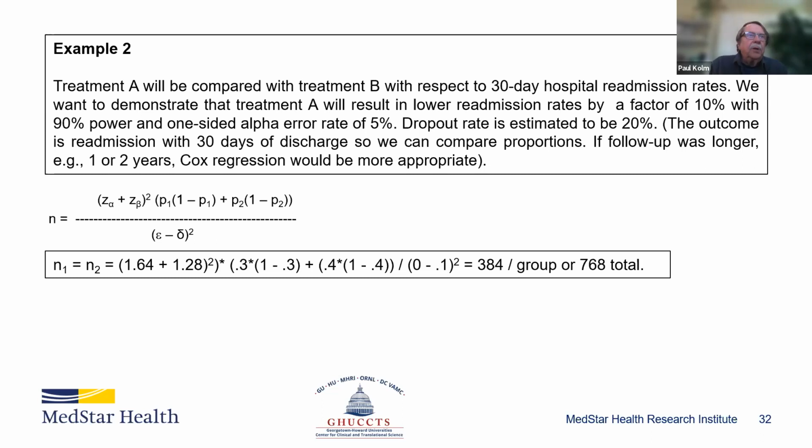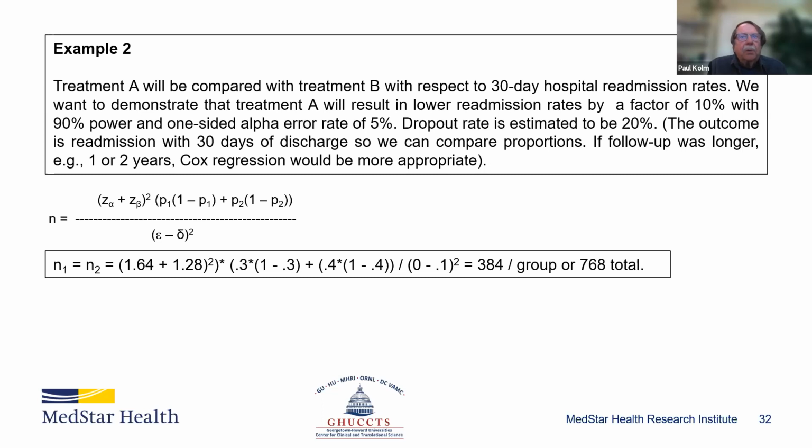And we're going to assume that the proportion in group 1, group A, is 0.3 that are readmitted, and in group 2 it's going to be 0.4. So that's basically a difference of 10%.